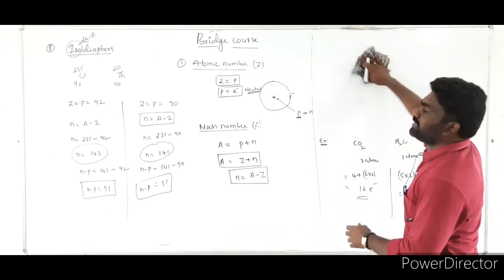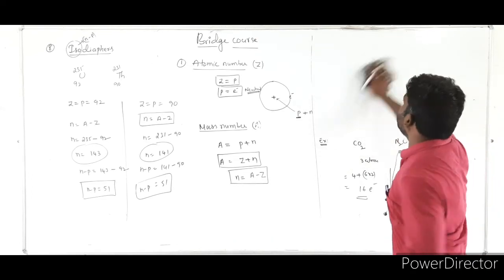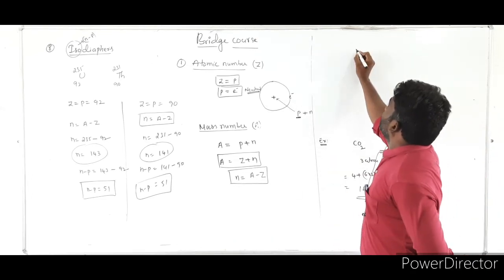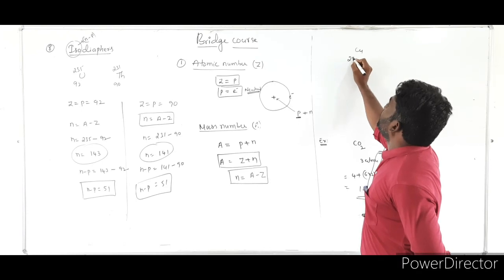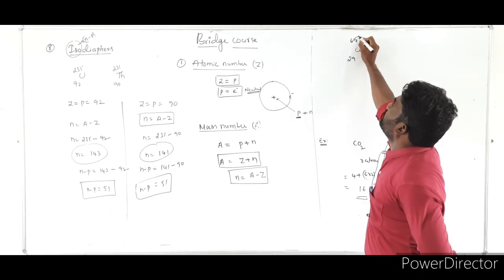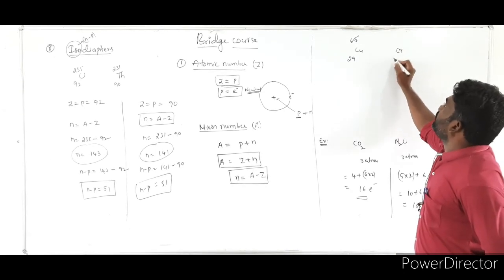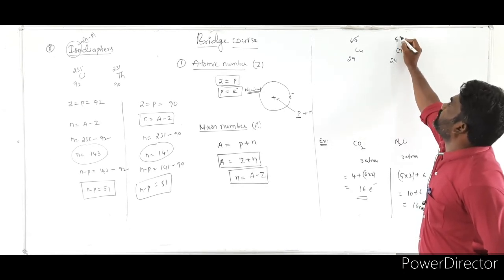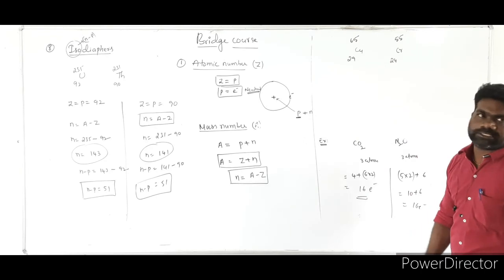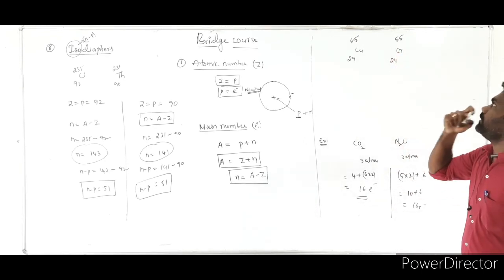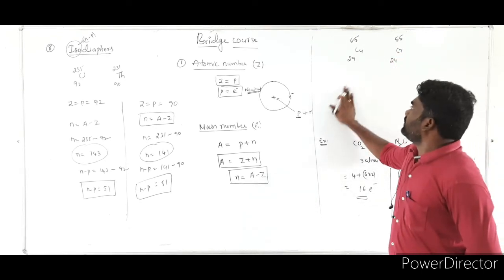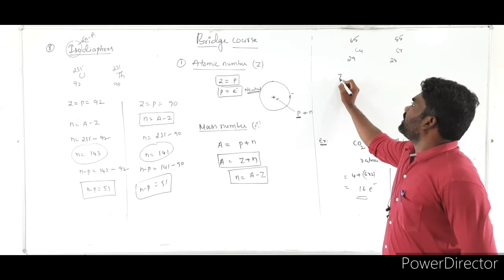If you take one more example, you get much clarity. I am taking copper 29, 65 and chromium 24, 55. Copper 29, 65, chromium 24, 55. Then first we have to find out the Z value.